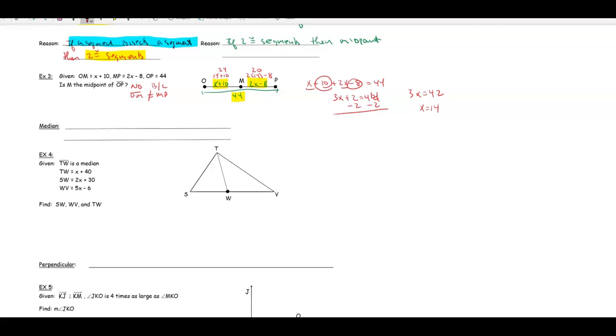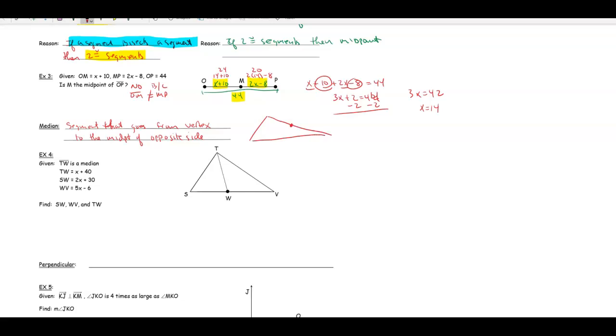Now, a median is a segment that goes from a vertex to the midpoint of the opposite side. So if I have a triangle, no matter what, a triangle can have 3 medians.